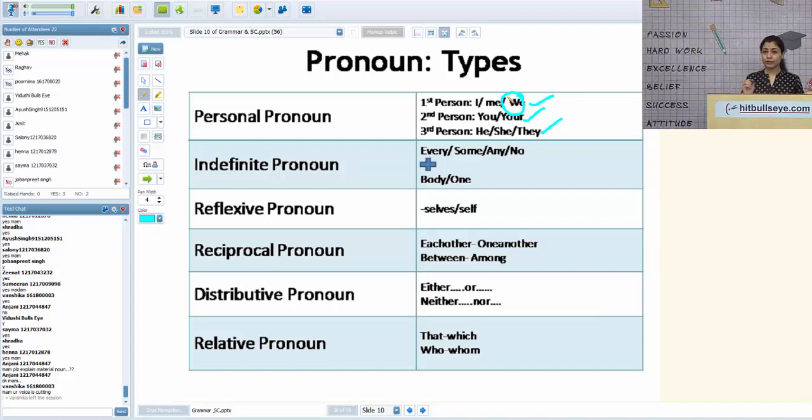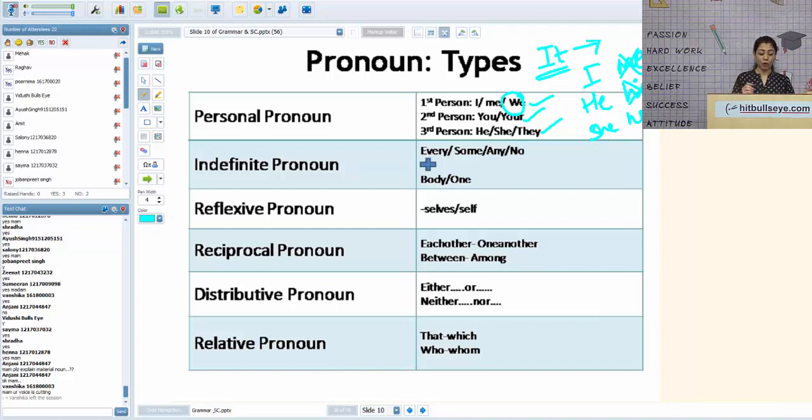Now the rule here with the first person is that if any statement starts with an it is always followed by an I and not me. It is always followed by either a he and not him, and it is always followed by a she and not her.